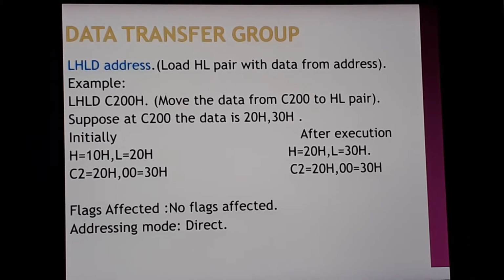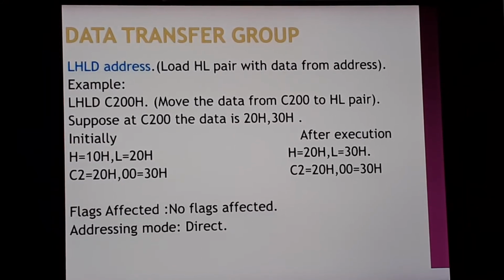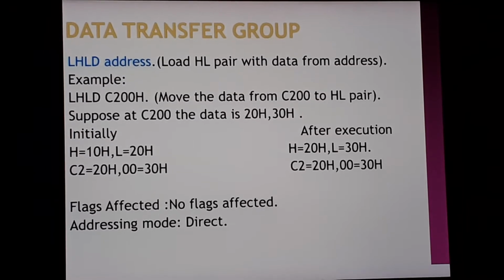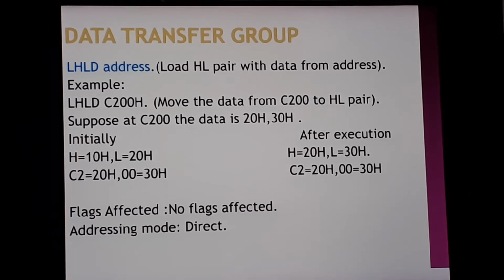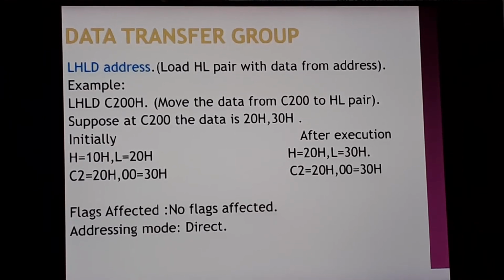So after execution, in C200 20H goes and in C201 30H goes. Okay, so H is equal to 20H and L is equal to 30H. In short, the second data address will be 1 plus the first address.